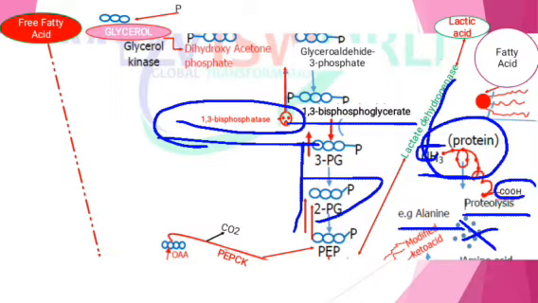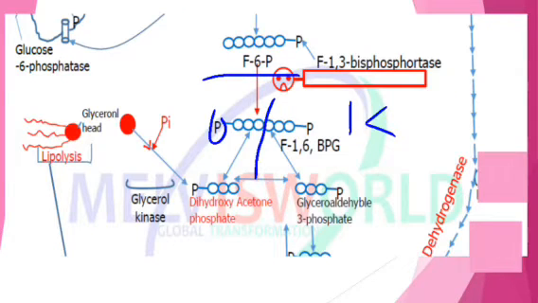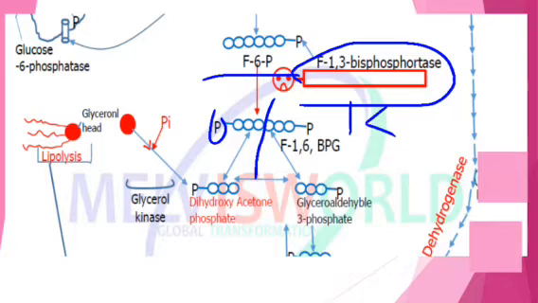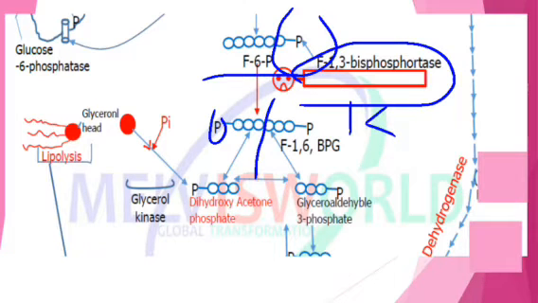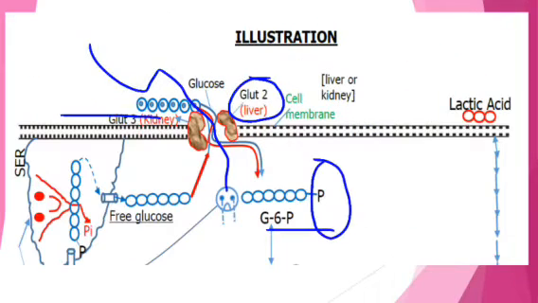And then it moves on progressively, getting to this step. This step is reversible. So 1,6-bisphosphatase cleaves off the phosphate group, and then forms fructose phosphate, which is then isomerized to glucose phosphate.